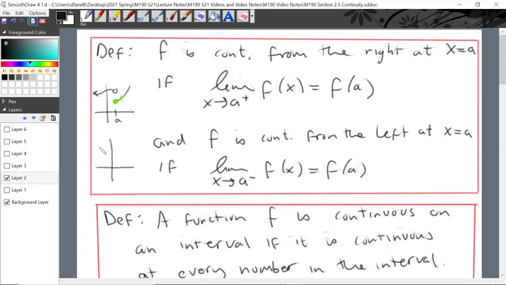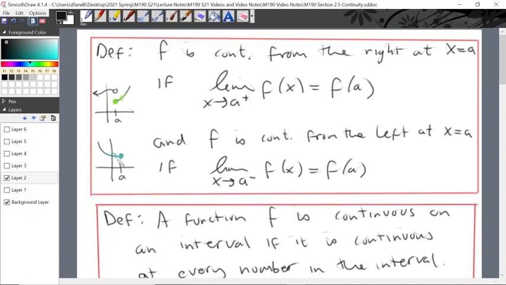So say we have a function that is approaching from the left some specific point, and that point itself actually exists right where we would hope that it would be. So we are approaching the actual point at a, and we're only approaching it from the left, but not from the right.